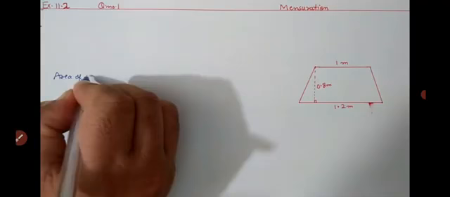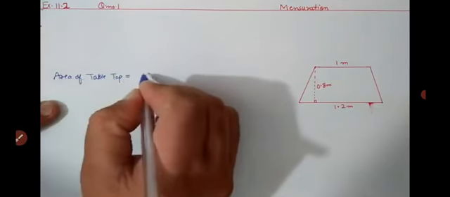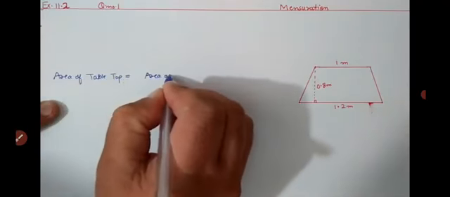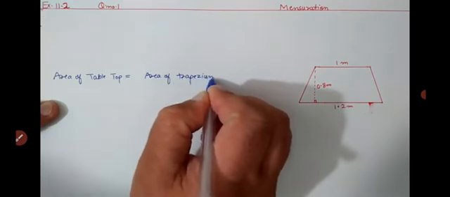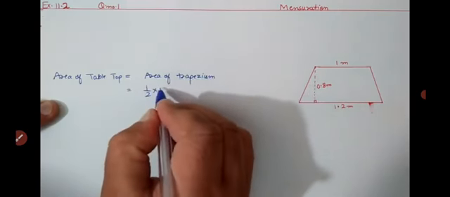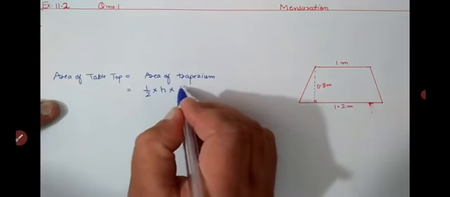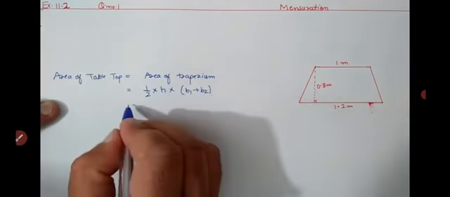Okay, area of trapezium, we know what the area of a trapezium is, because the table top is in the shape of a trapezium. And we know that area of trapezium is equal to 1 by 2 into height into sum of parallel sides, b1 plus b2.